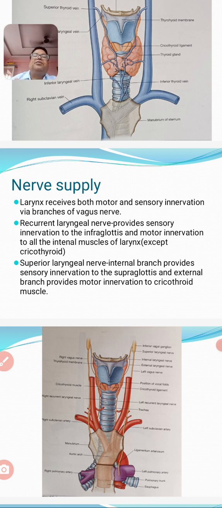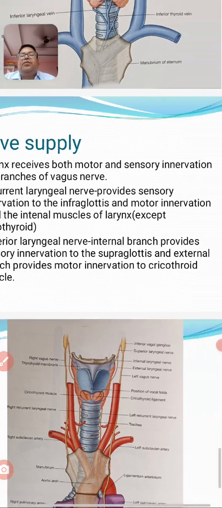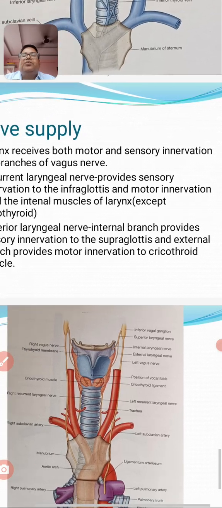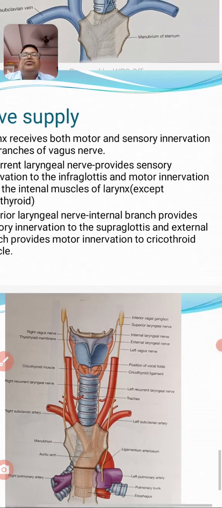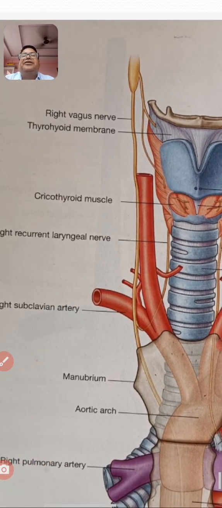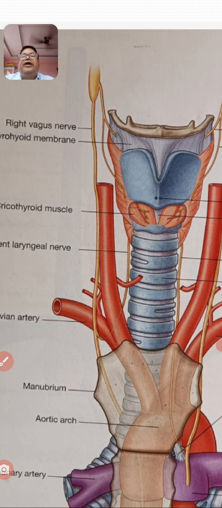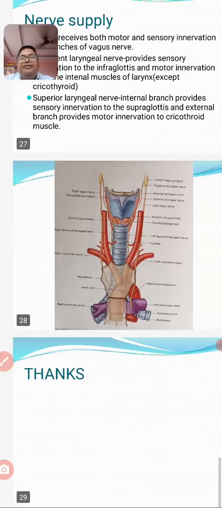The superior laryngeal nerve provides sensory innervation to the supraglottis, and its external branch provides motor innervation to the cricothyroid muscle. That is the thyroid membrane, the cricothyroid muscle, and the right and left recurrent laryngeal nerves.